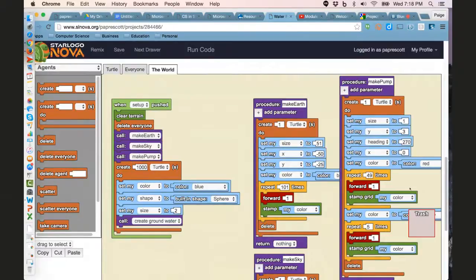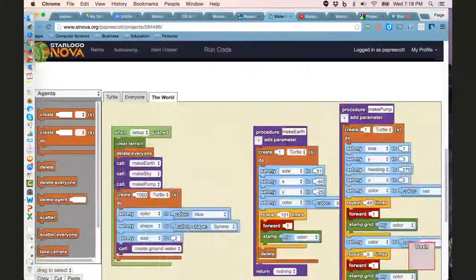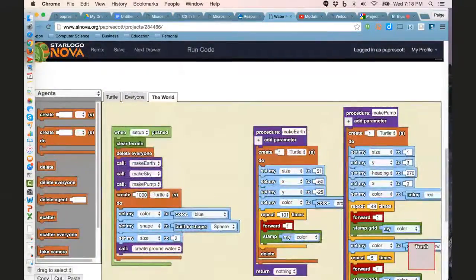So instead of 49 times, it could be less than that. So that would finish up lesson 2. And this is presuming that they've already done lesson 1, so that they have a foundation of StarLogo Nova. This isn't the first time that they see it. And so they actually go quite quickly through this to figure that out.